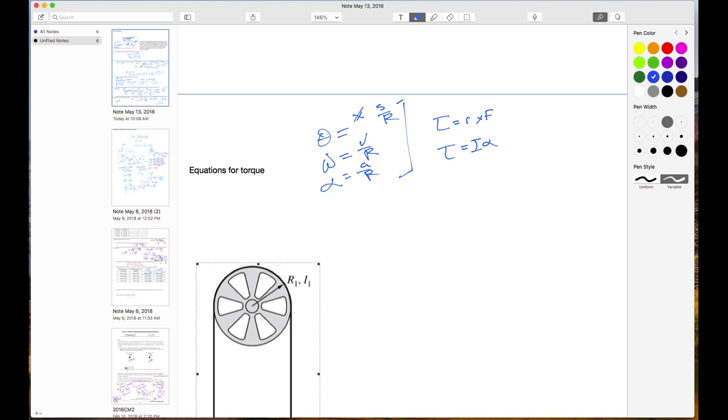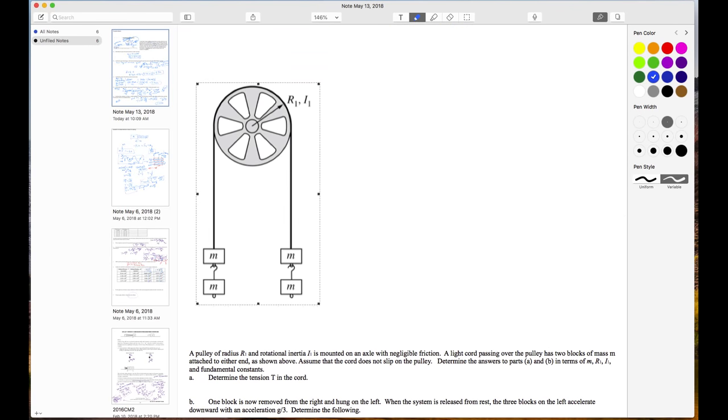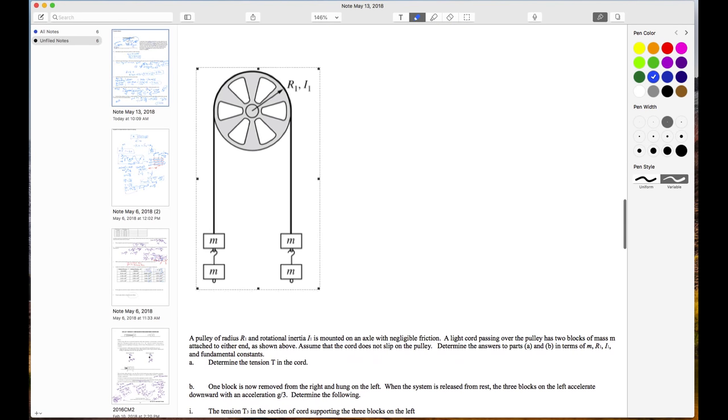So that will tell us how much torque is necessary to accelerate an object of a certain rotational inertia value. And we're given in this problem a rotational inertia value. So here we're trying to figure out a few different things.